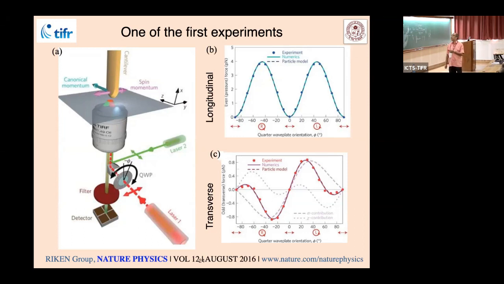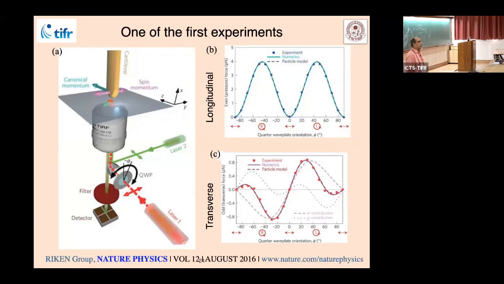So this is the canonical contribution, which is insensitive to the spin. Whereas for the transverse component, when they changed from right circular to left circular, it changes direction. Look at the values: it is 0.8 piconewton. That's the kind of force you need to measure, and the kind of accuracy you need in order to go for this kind of thing.